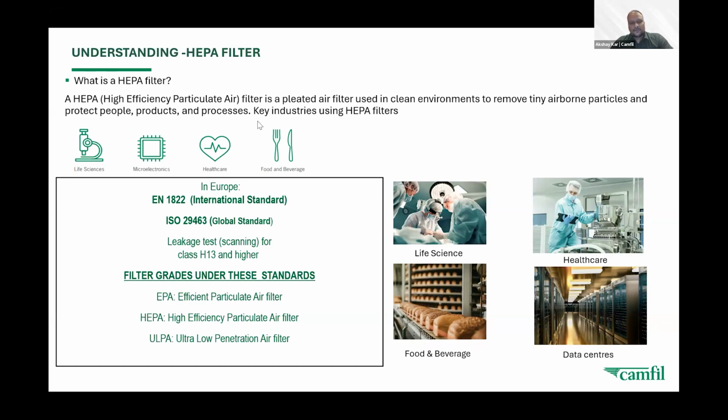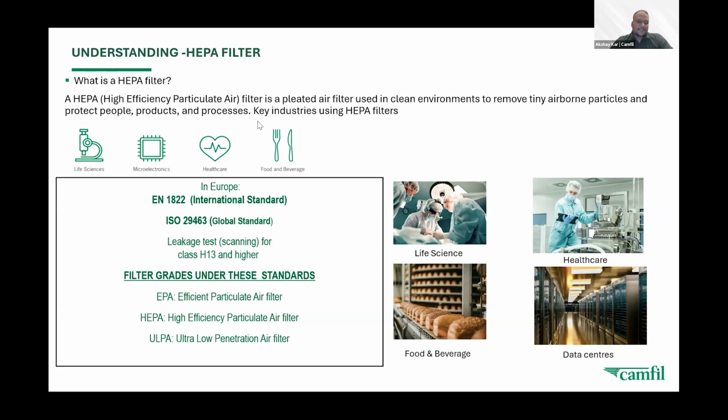HEPA filtration is generally governed by two standards. One is EN 1822, which is a European standard, and the other is ISO 29463, which is a global standard. These two standards are followed in all kinds of pharmaceutical as well as clean room applications. The basic grades under these standards are EPA filter, HEPA filter, and ULPA filter.